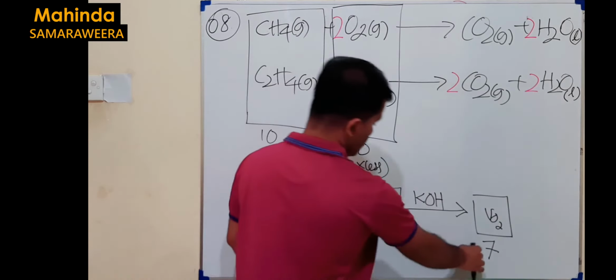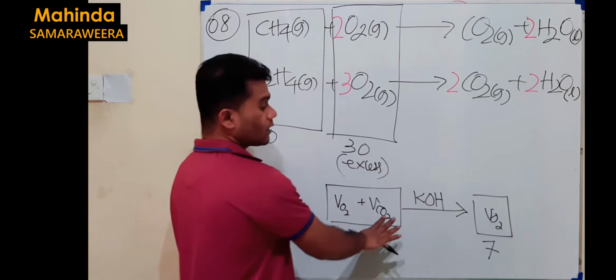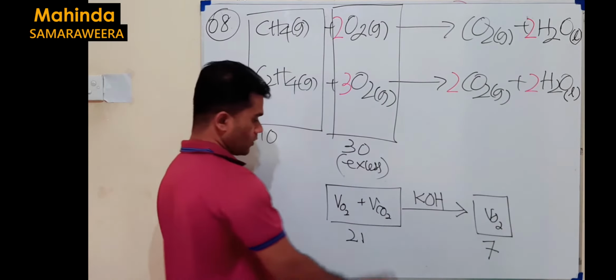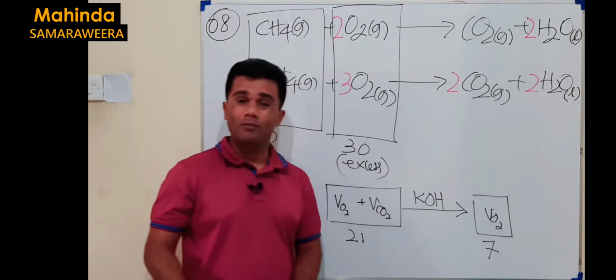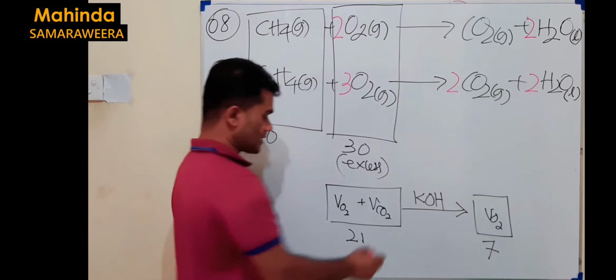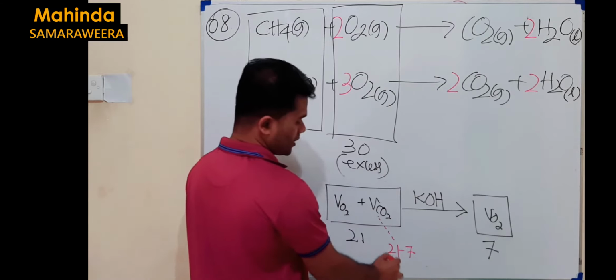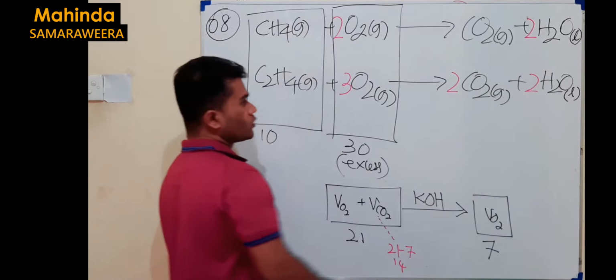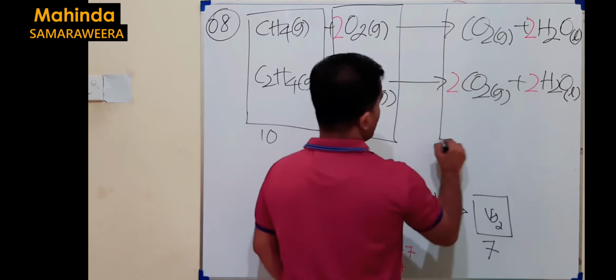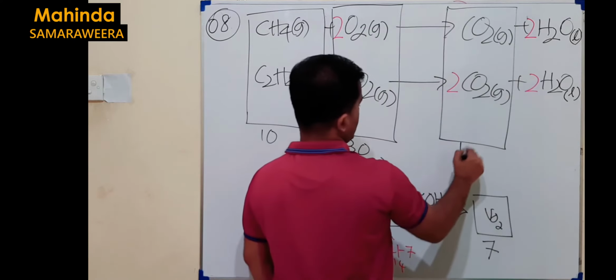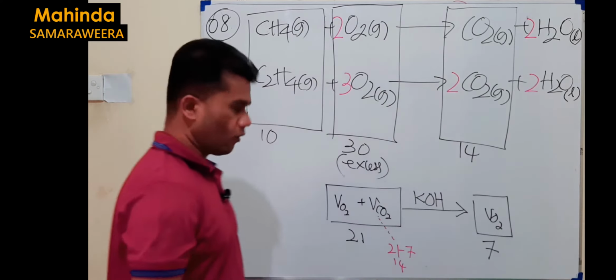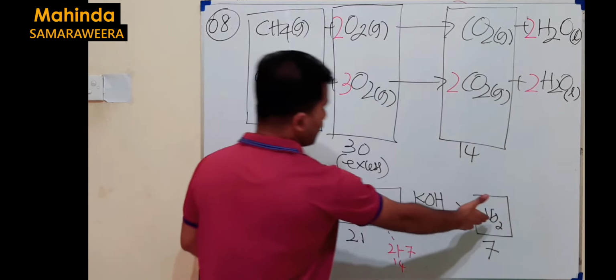You know what happened from 21 to 7? The volume reduced because carbon dioxide was absorbed by potassium hydroxide. Then the volume of carbon dioxide is 21 minus 7, which is 14. The total volume of carbon dioxide formed is 14 milliliter.